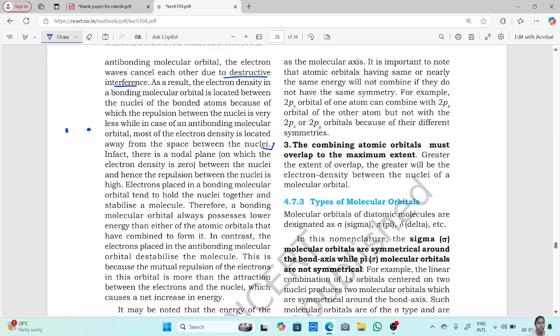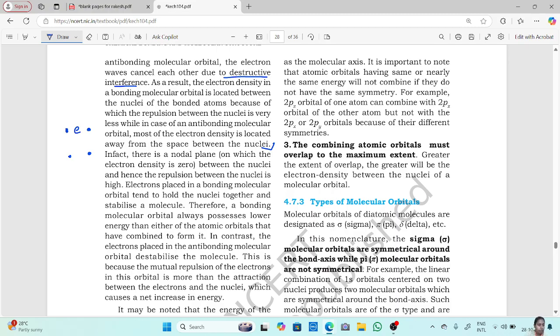Since the electrons are present between the nuclei, there is less repulsion. Both nuclei are positive, so when they are close, they repel each other.